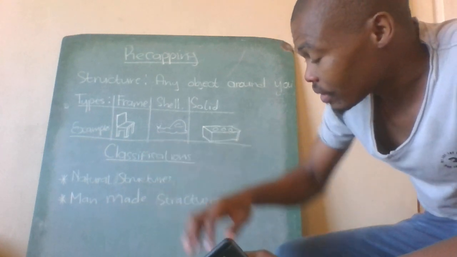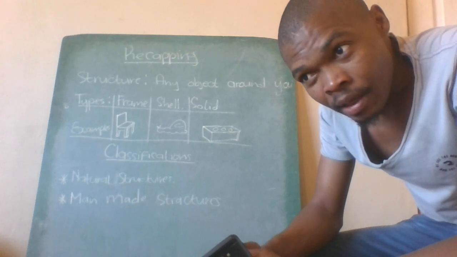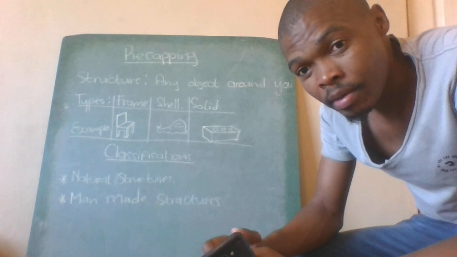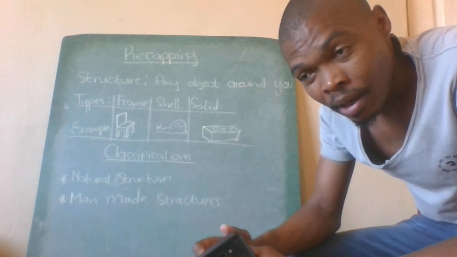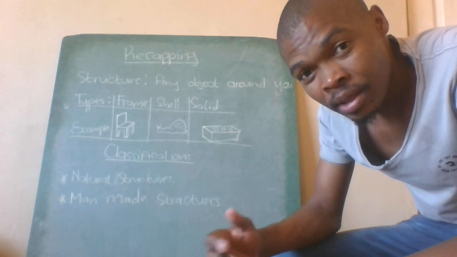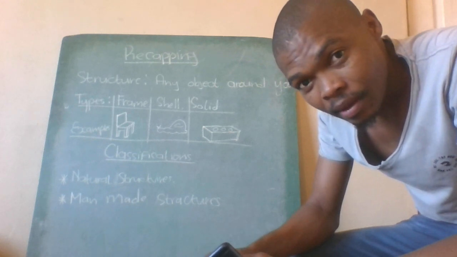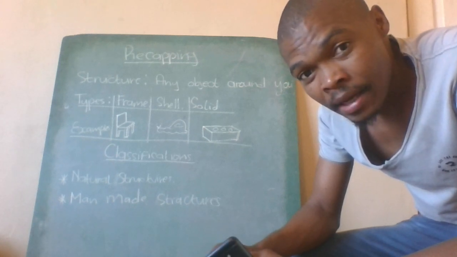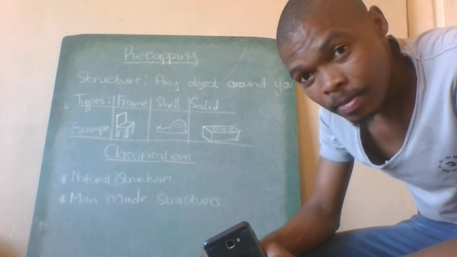Another example of a frame structure is a bridge. A bridge that we cross every day, maybe on our way to town or on our way to school. But if there is a bridge, you must know that that bridge is a good example of a frame structure. So another function of a frame structure is to span the gap between two places.